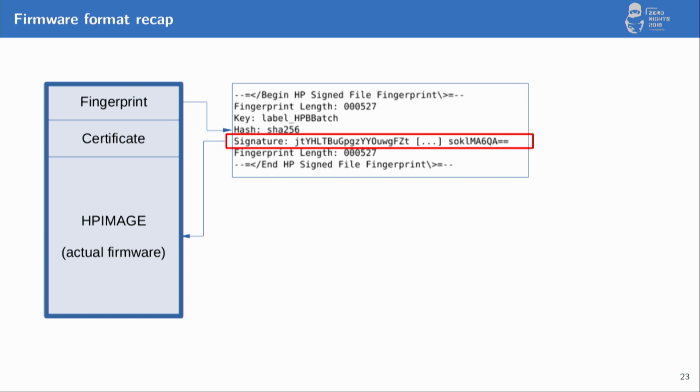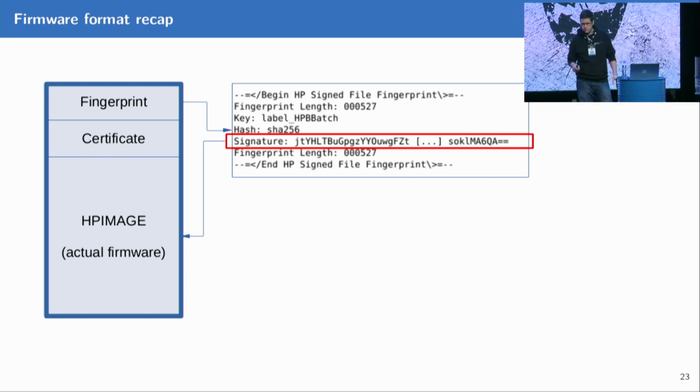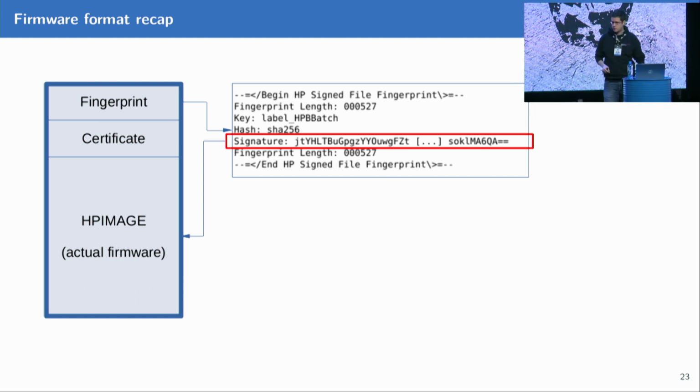So a recap of the firmware file format. The firmware is basically composed of 3 blocks. First, there's a fingerprint header, then some certificates, and then the HP image blob, which is the actual firmware. In the fingerprint part, you simply have the hash type and the signature of the whole HP image firmware.